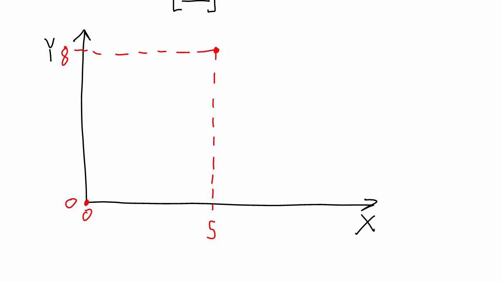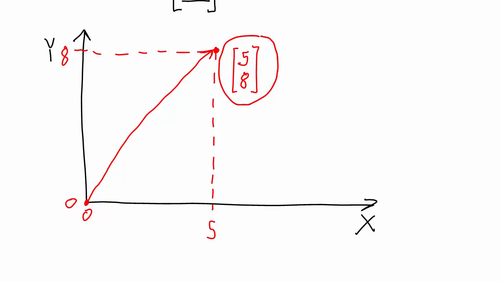Then we could write the displacement from the first point to the second point as a vector, and we would say that that vector is 5, 8. And we would express that vector as shown here by writing a 5 in the first position and an 8 in the second position. Can you see how this expression has both magnitude and direction?